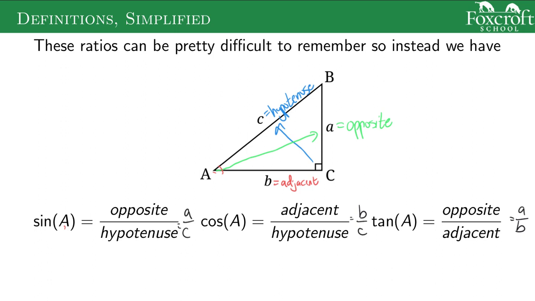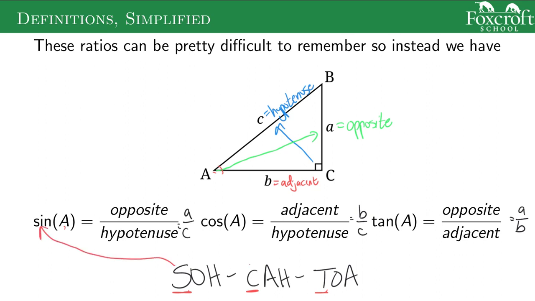Even this would be really hard to recognize if we didn't have this fun mnemonic to say it. Soh-Cah-Toa. Soh-Cah-Toa kind of rolls off the tongue really nicely, so it's an easy thing to say and remember, and it's just 9 letters. It basically tells you all of these ratios. The first letter tells you which of the ratios you're talking about. S stands for sine, C stands for cosine, T stands for tangent.